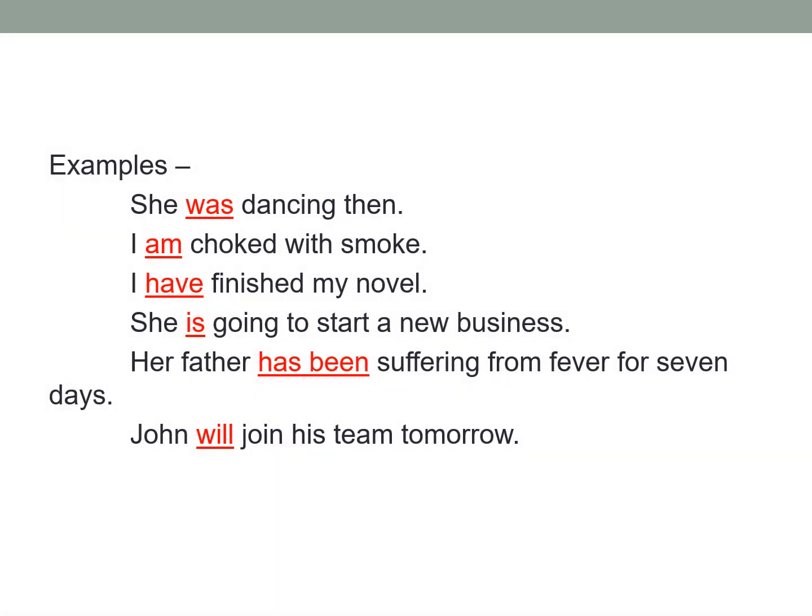In the first sentence, she was dancing then. In this sentence, you can see that was is a verb and dancing is a verb. Can you tell which one is the principal verb here?